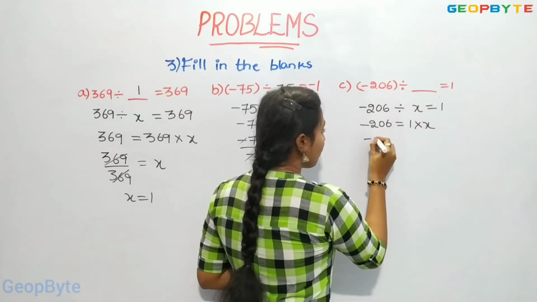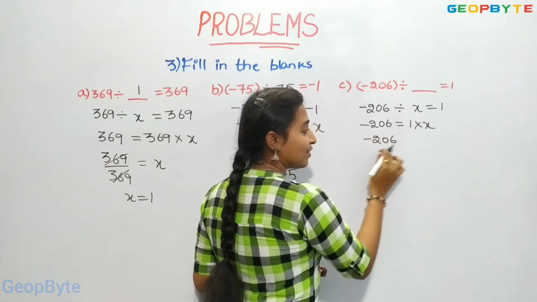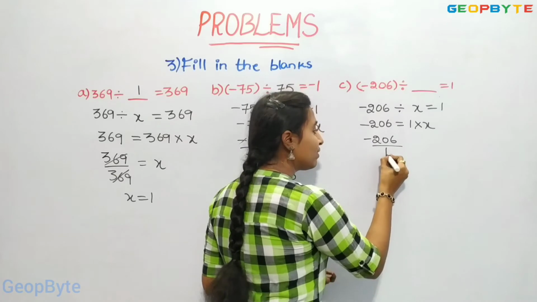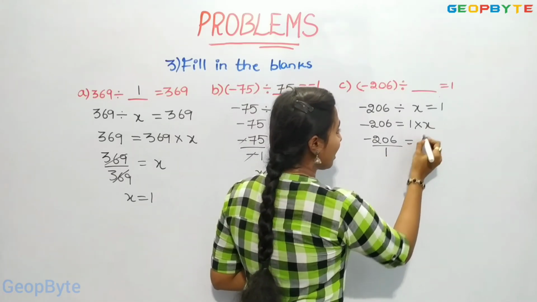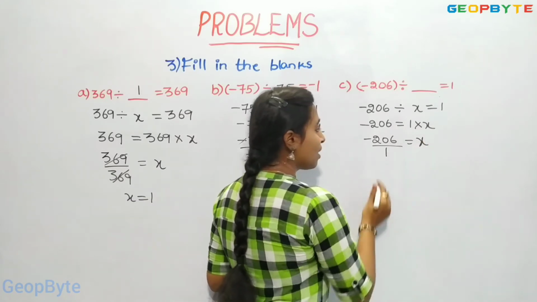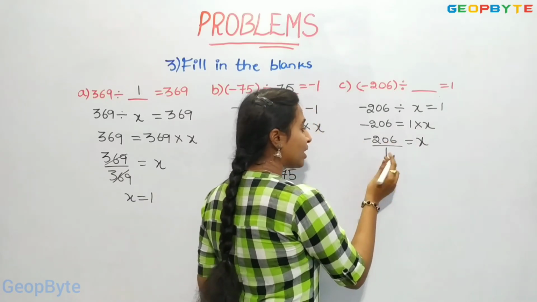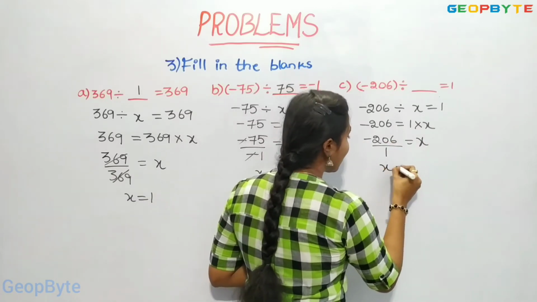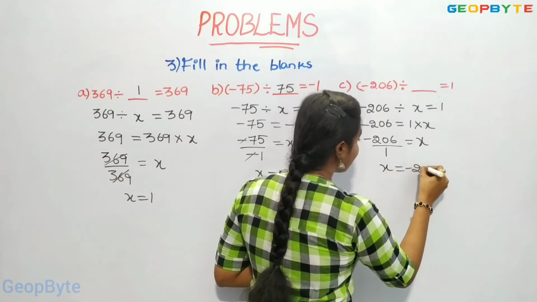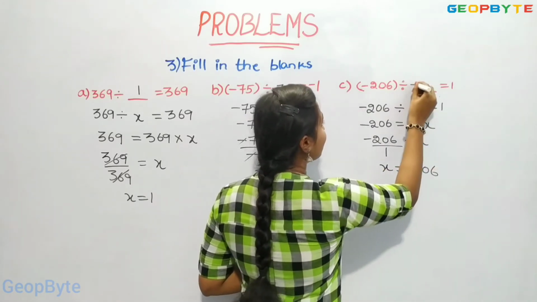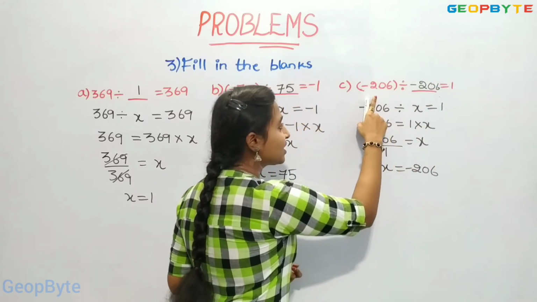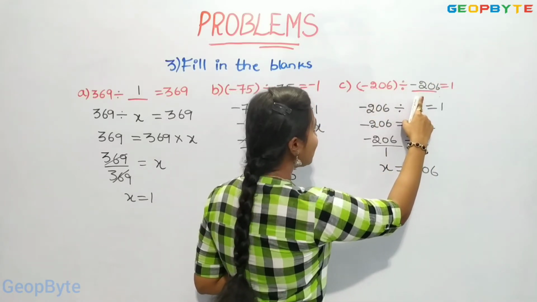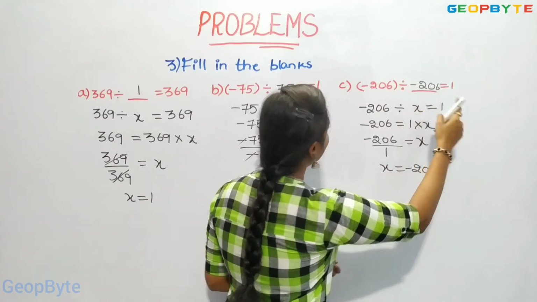This 1, when it comes to the left hand side, gets divided by the number minus 206. We have x on the right hand side. Minus 206 by 1 is minus 206. x is equal to minus 206. Let us write minus 206. Minus 206 divided by minus 206 is equal to 1.